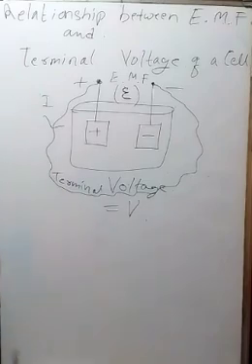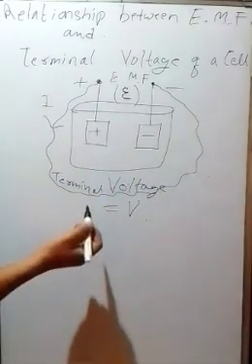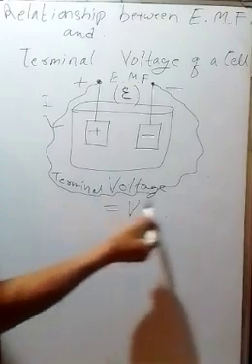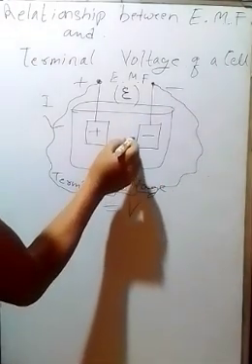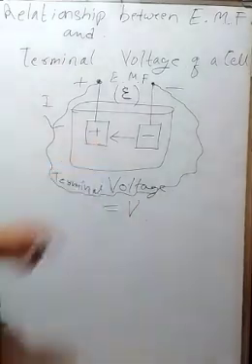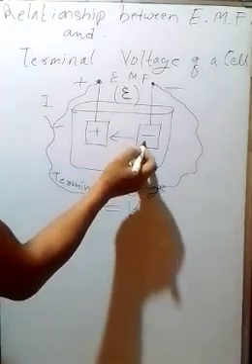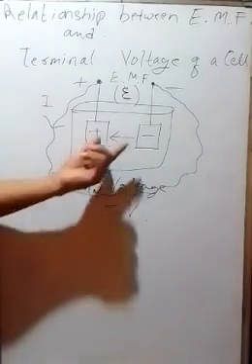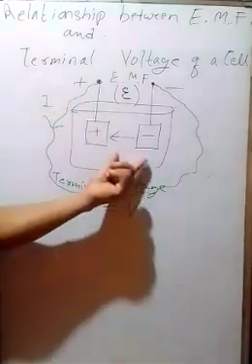Also, when current flows, it will be complete, flowing inside the battery also. So inside the battery, current is flowing from negative to positive. Outside it is flowing through the wire, but inside also.